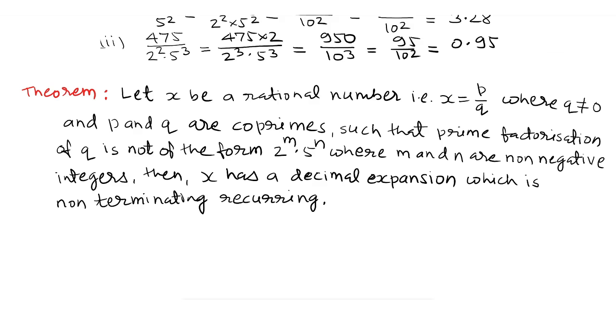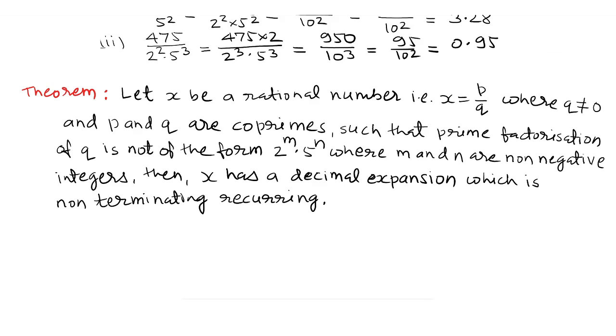Next theorem, which states that let x be a rational number, that is x equal to p upon q, where q is not equal to 0, and p and q are co-primes, such that the prime factorization of q is not of the form 2 to the power m into 5 to the power n, where m and n are non-negative integers, then x has a decimal expansion which is non-terminating recurring.